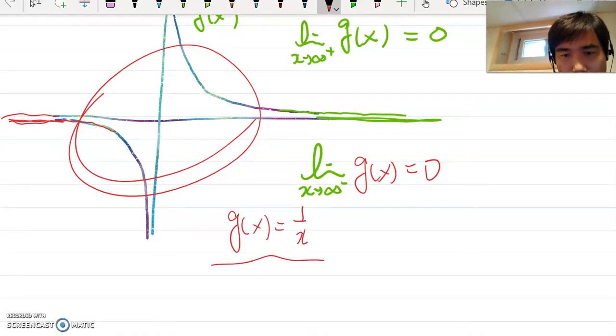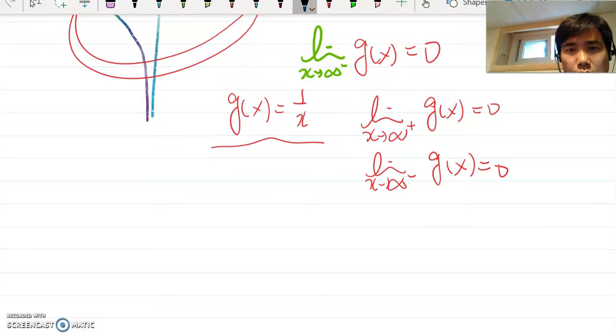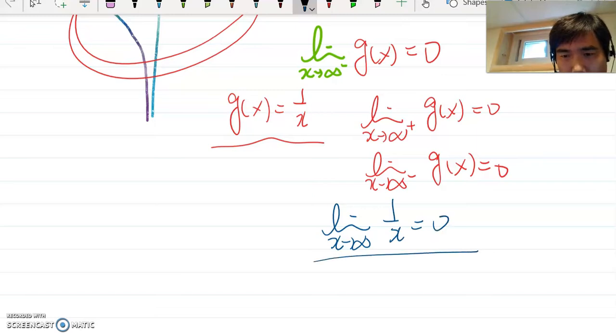Now we can say the limit as x moves to positive infinity of g(x) becomes 0, and the limit as x moves to negative infinity of g(x) also equals 0. In other words, the limit as x moves to infinity of 1 over x is always 0.